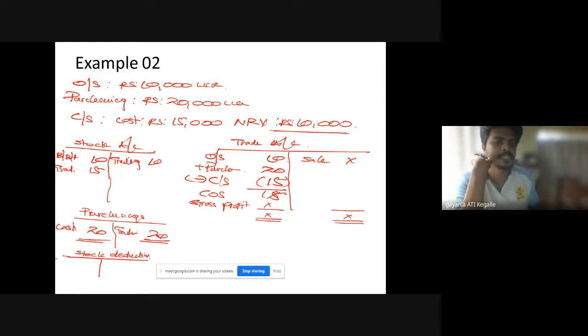Stock deduction account debit. What is the difference? 15,000 needs to become 10,000, so 5,000. Stock account credit as stock deduction.